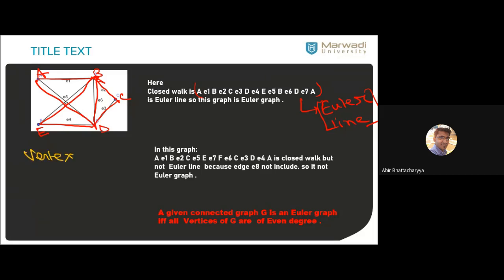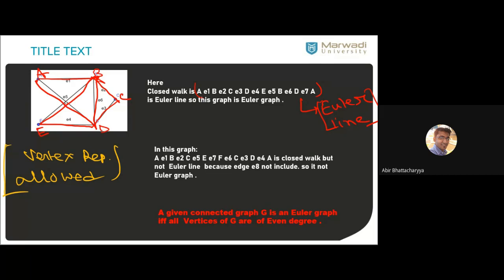Vertex repetition allowed, but edge repetition not allowed. And you have to cover all the vertices, and the starting vertex and end vertex are the same, which means it is a closed walk.